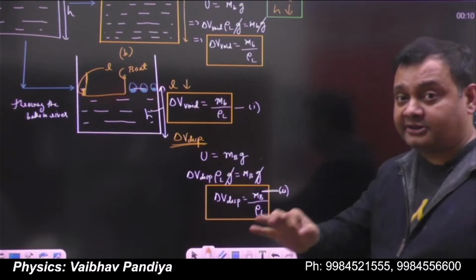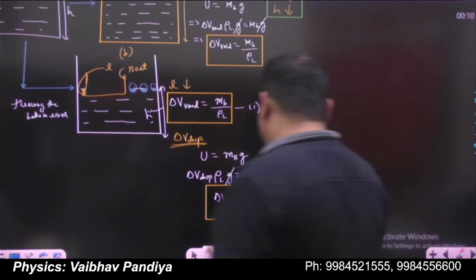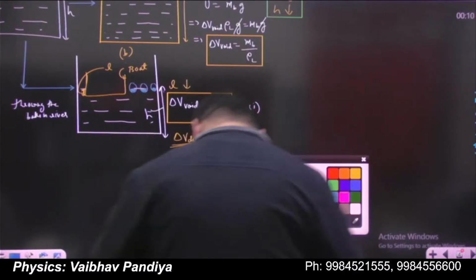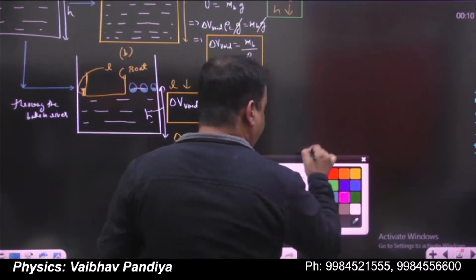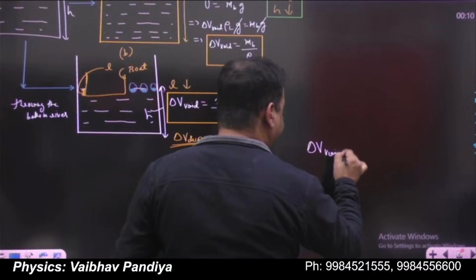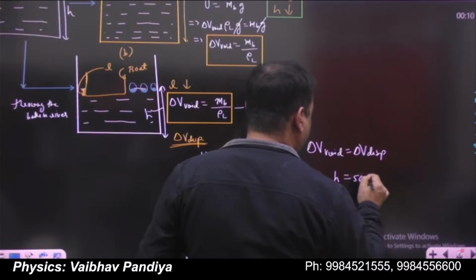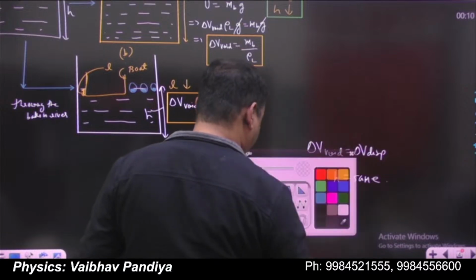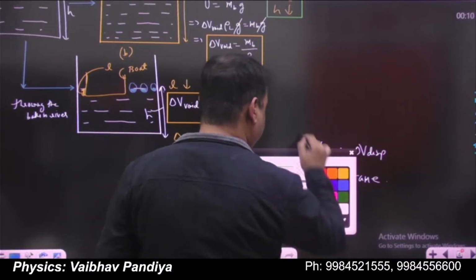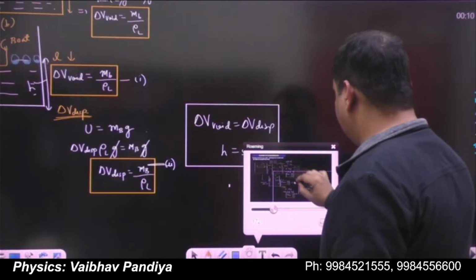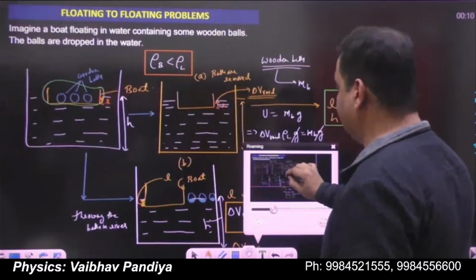You can remember this as a fingertip point. Since delta V void is equal to delta V displaced, H will remain the same. Got it? So this is how we derive the result for the floating to floating condition.